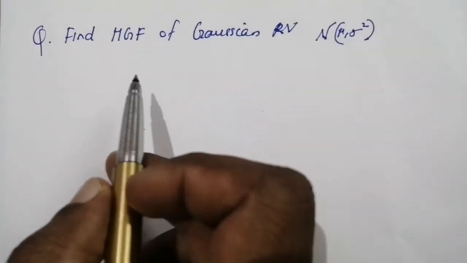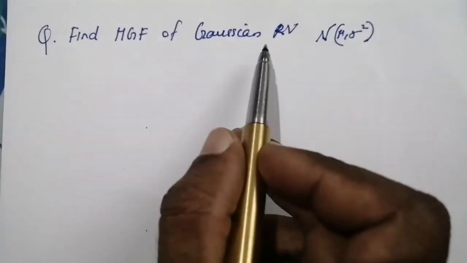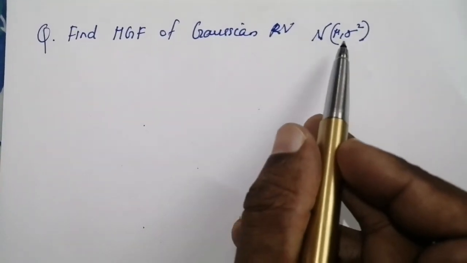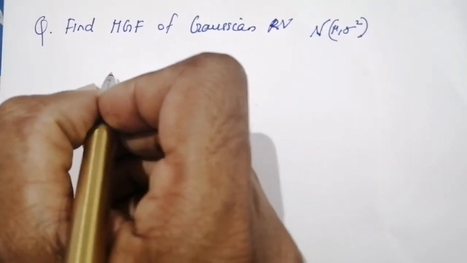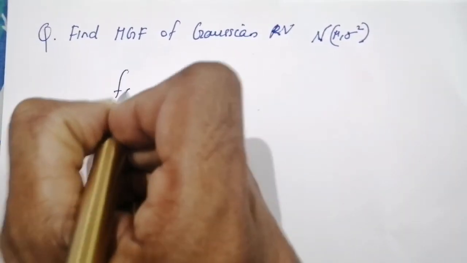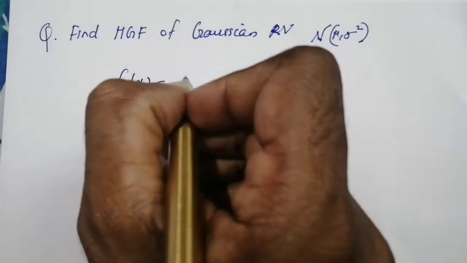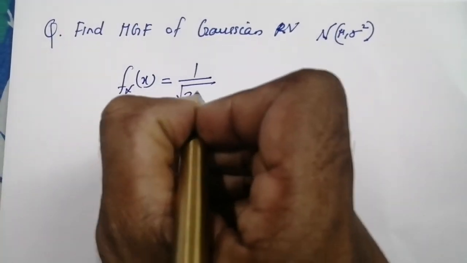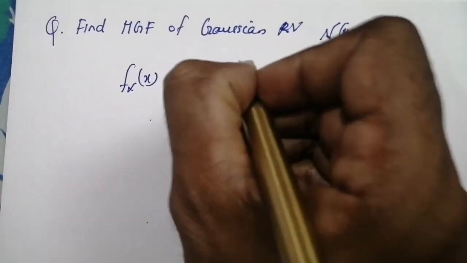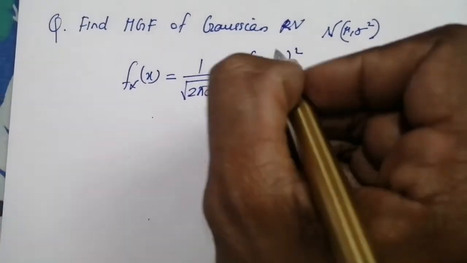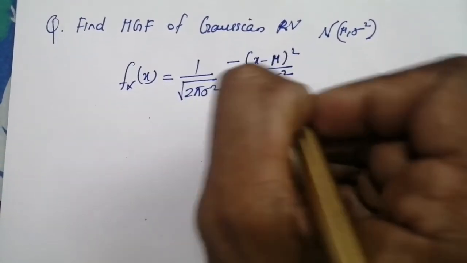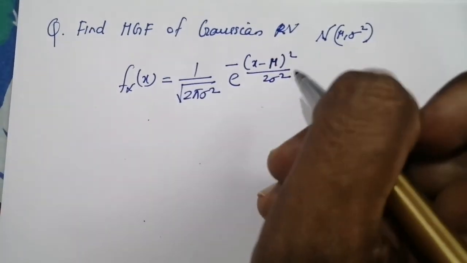Now find the moment generating function for a Gaussian random variable with mean mu and variance sigma square. We know that the probability density function for a Gaussian random variable f x of x can be written as 1 by root of 2 pi sigma square e raised to minus (x minus mu) the whole square by 2 sigma square, where mu is the mean and sigma square is the variance.